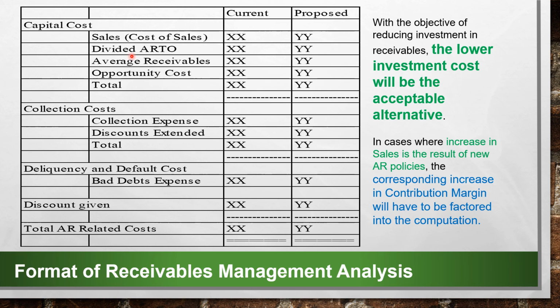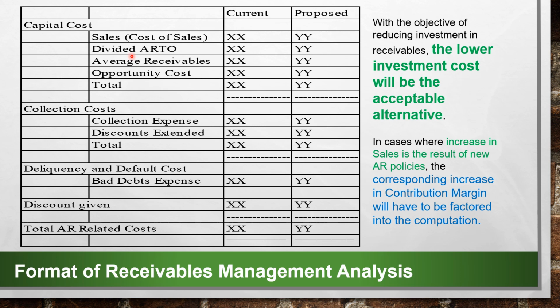How many times will our average accounts receivable be collected in one year? So accounts receivable turnover is simply 360, or whatever the problem assumes, 365 days, divided by our days sales outstanding.